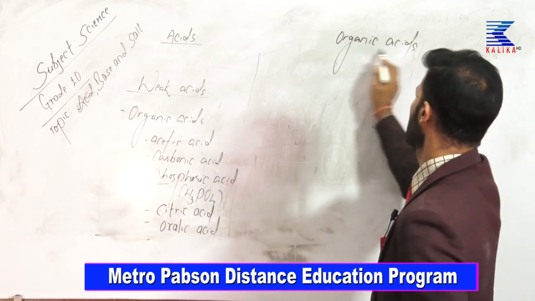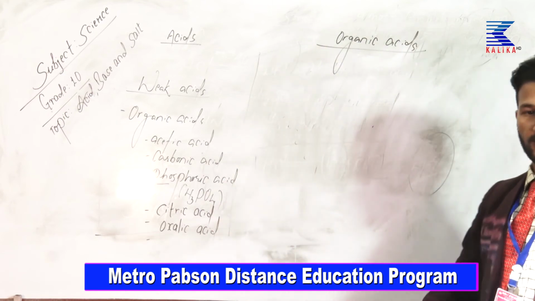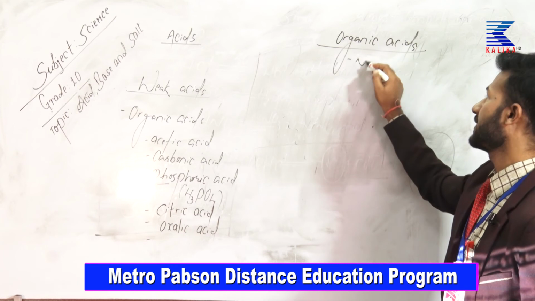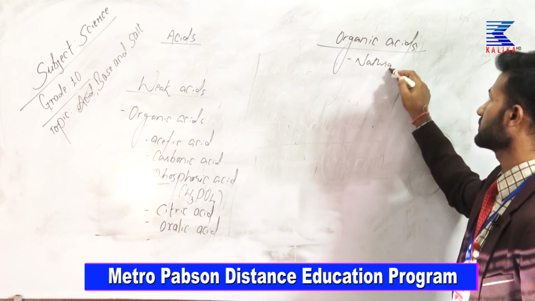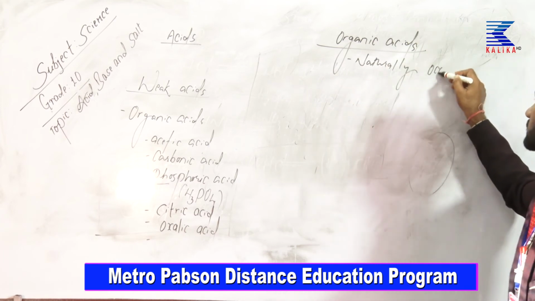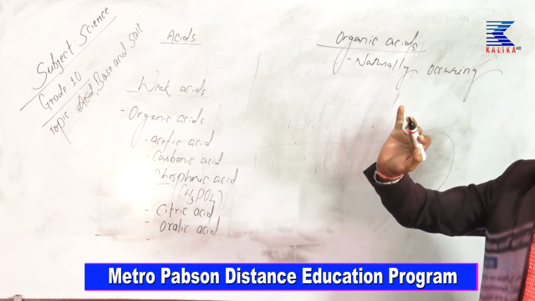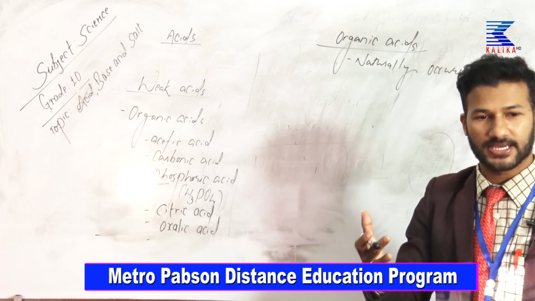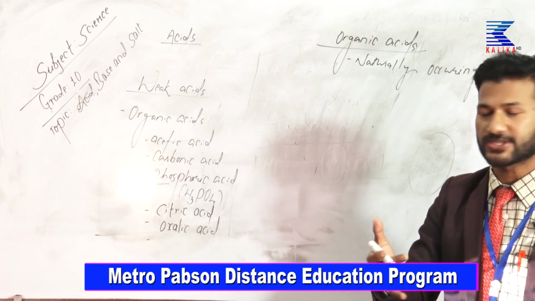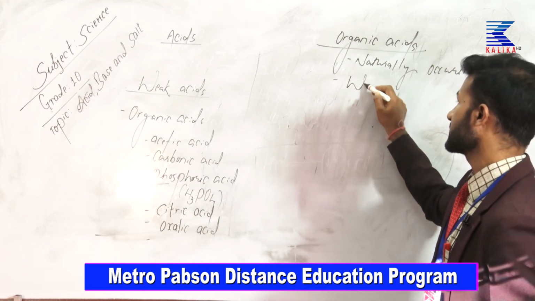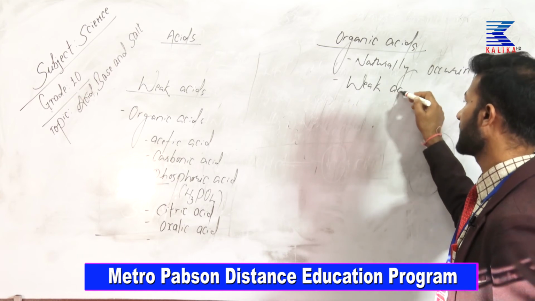Look, organic acids are, number one, naturally occurring in different parts of plants and animals, better to say animal fat and plant fat. They are weak acids because they produce a less concentration of hydrogen ions in water.